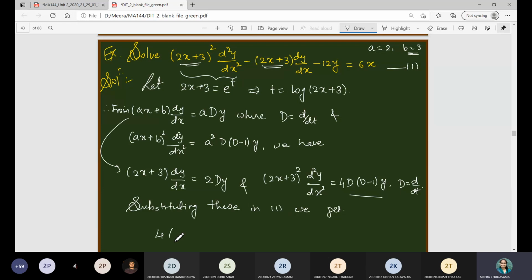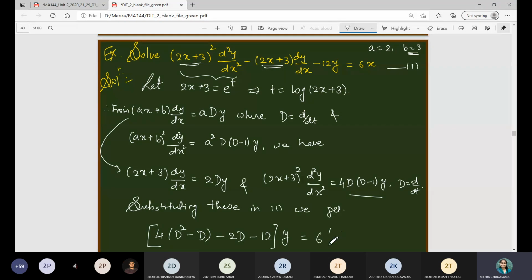So it is 4, I will multiply d, so d square minus d, I will write this in square bracket because I will take y common, minus (2x plus 3) dy by dx. So (2x plus 3) dy by dx is 2 dy. So I will just write minus 2d, minus 12 is already there, into y is equal to 6x.